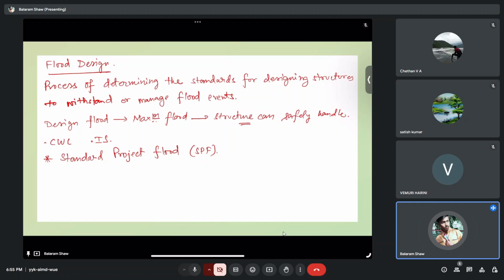But there is another thing called probable maximum flood, PMF. In this also, we estimate the flood based on the combination of both the meteorological and hydrological conditions.